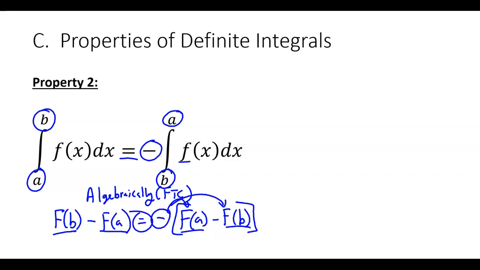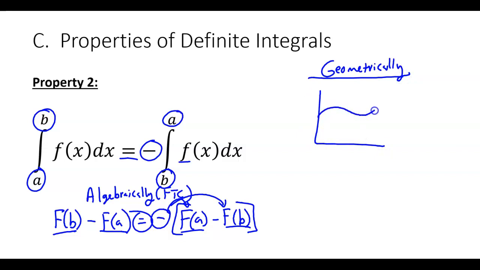Now, geometrically, what does that mean? If you're starting from A and you're going towards B, your area will be normal.